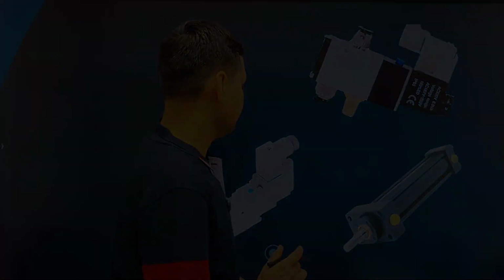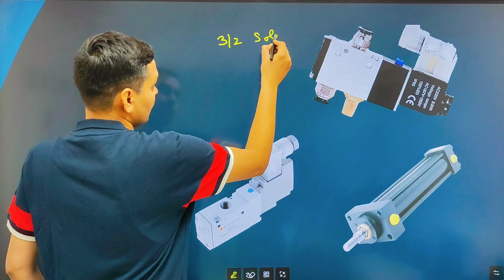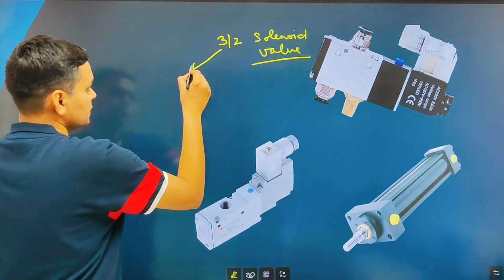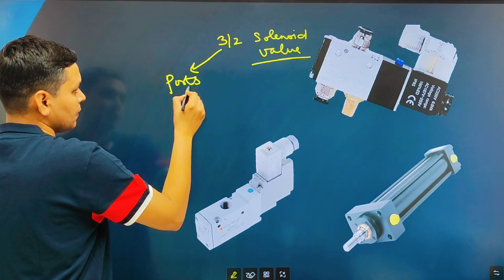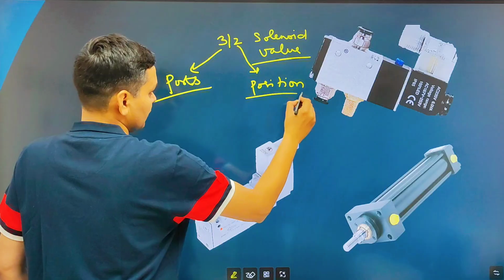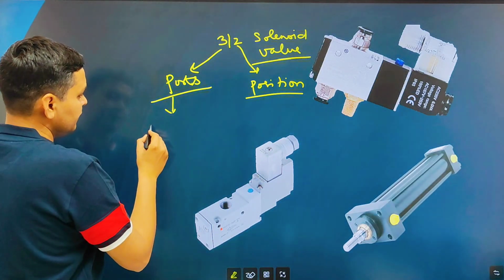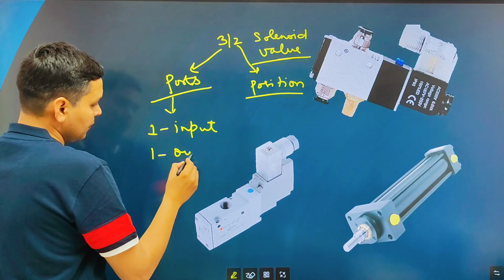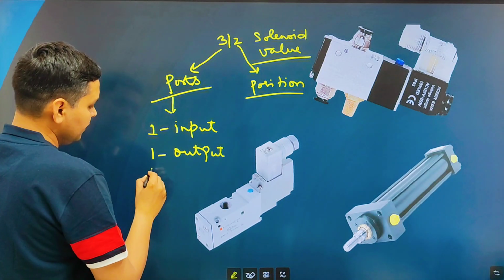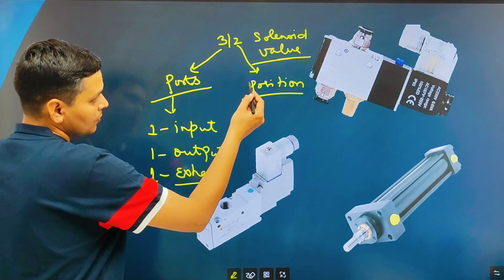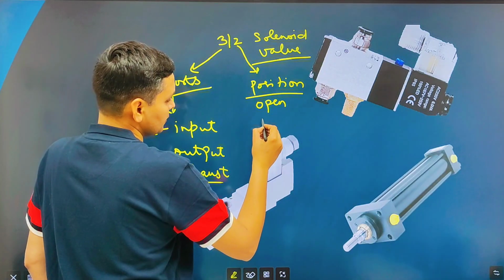Now friends, the next type is the 3x2 solenoid valve. Now this shows port and this shows position. Ports means one is input, one is output and one is exhaust. Positions are open and close.